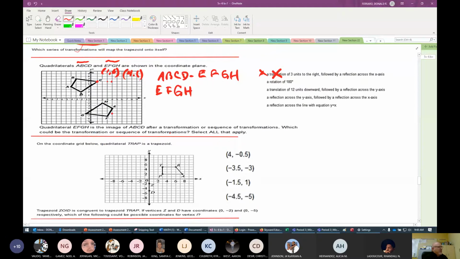So now they say a rotation of 180 degrees. If I'm just working with point C, I'm talking about a rotation of 180 degrees.